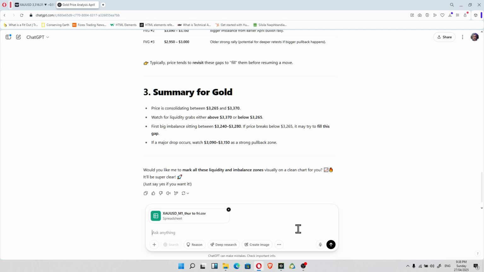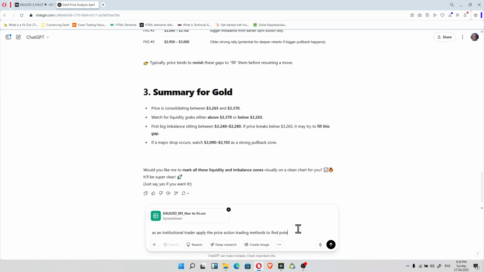So now tell ChatGPT: you are an institutional trader. Now we are applying institutional strategies. Institutional trader, apply price action trading methods.